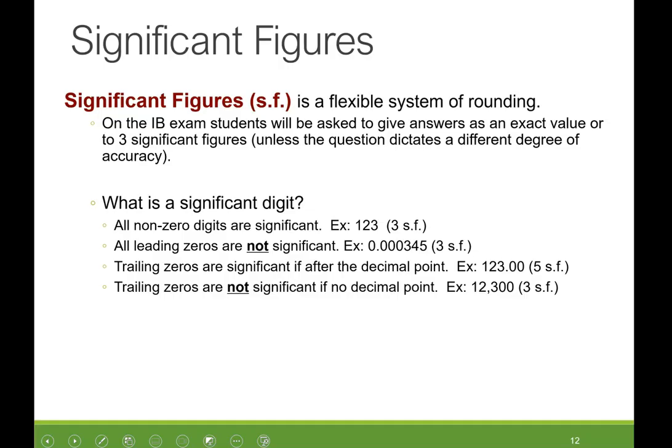And the nice part is, if the answer is a terminating decimal, do you have to do any rounding at all? No, because that's an exact answer. If the answer is a fraction, do you have to turn it into a decimal and round it to sig figs? No, you just leave it as a fraction. If your answer is 5 root 2, do I have to turn it into a decimal and round it? No, that's an exact answer. I can just leave it that way. So exact is always fine.